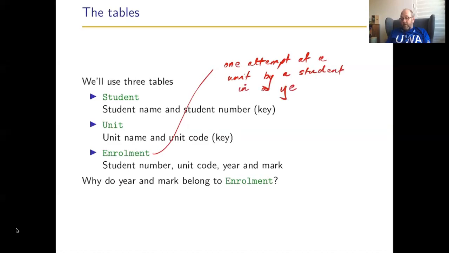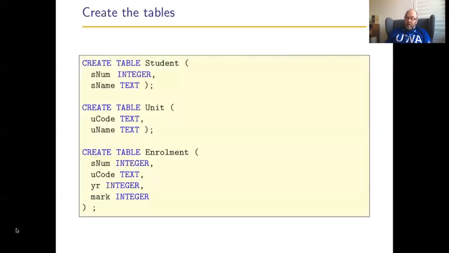Okay, so the year and the mark, for example, have to belong to the enrollment objects because they relate to a student's outcome in a particular year in a particular unit. Okay, so let's build them in the simplest way possible.